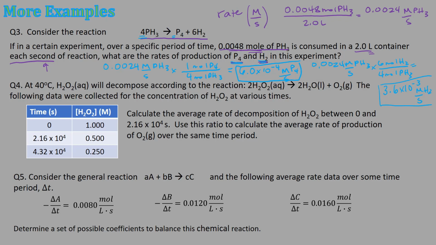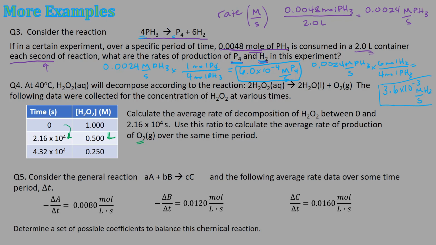All right, next problem. It says calculate the average rate of decomposition of hydrogen peroxide between 0 and 2.16 times 10 to the 4 seconds, and use that ratio to calculate the average production of oxygen. So first, I see that this is going from 1 to 0.5, and this one is going from 0 to 2.16.